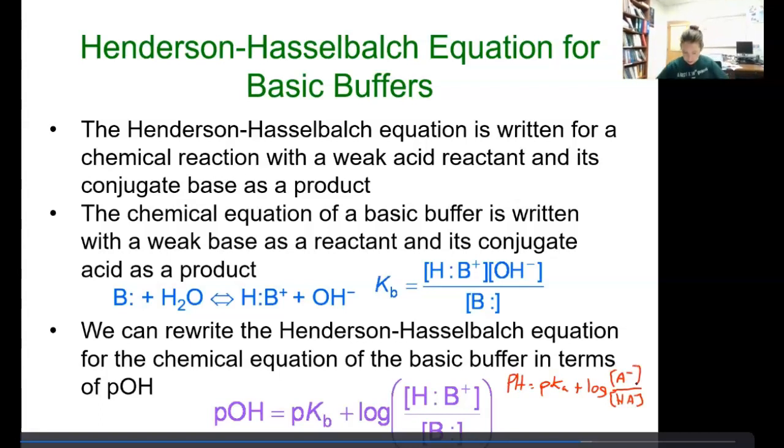Really tiny, hard for me to write. Okay, so what I was saying is you don't need to memorize the base way. You just need to remember that everything is flipped, right? So instead of it being pKa, it's just pKb. And so instead of it being A minus on the top, your base goes on the bottom, you just flip it. So you just flip everything, and then you have POH here.